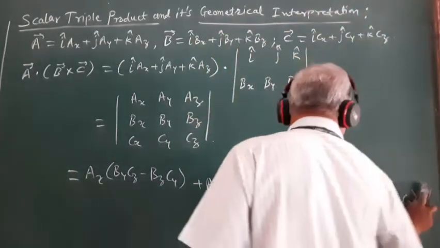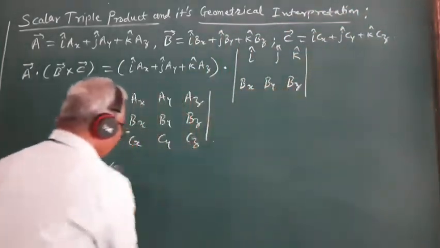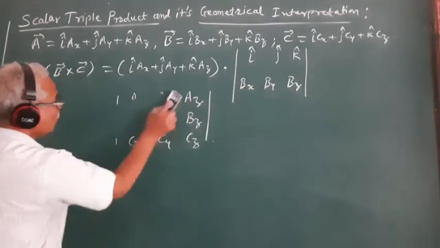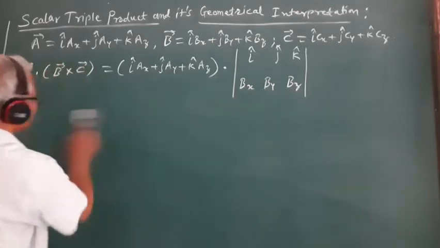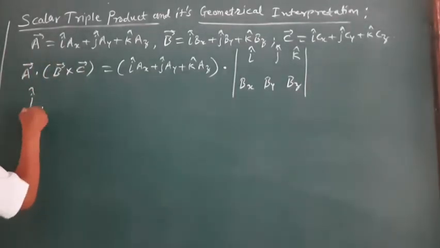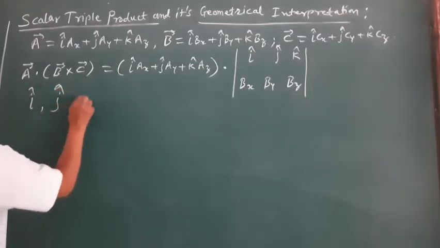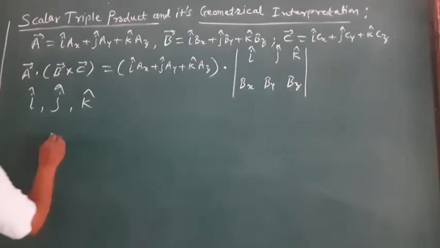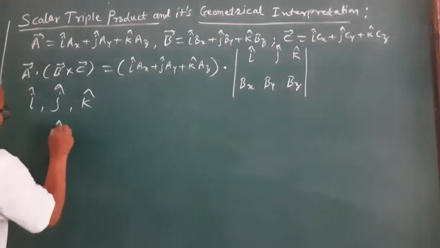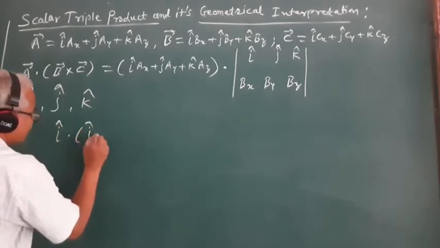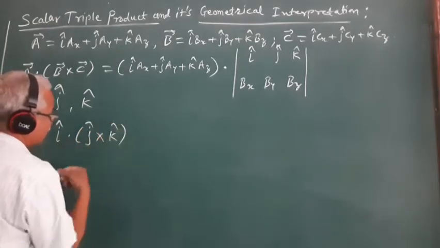If we evaluate the scalar product of the unit vectors, what will it be? Suppose we have the unit vectors i, j and k. The scalar product of these three unit vectors can be expressed as i dot j cross k.